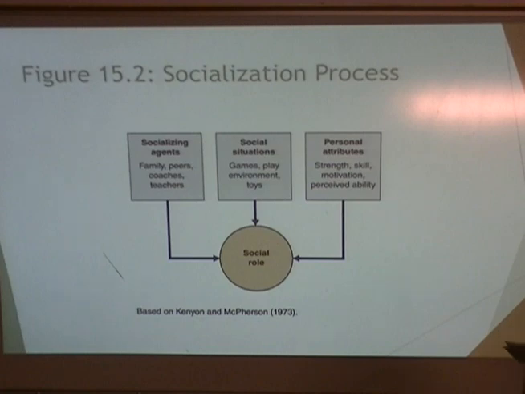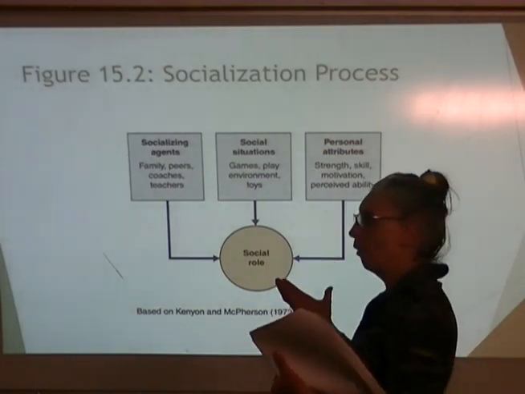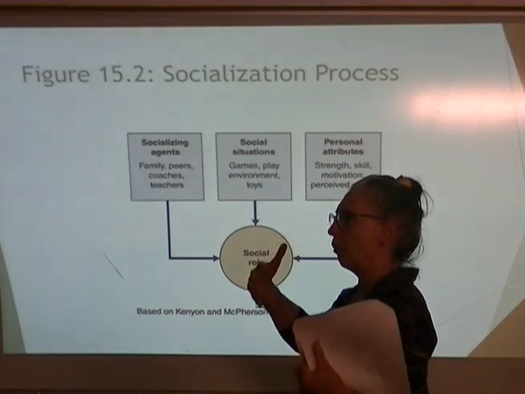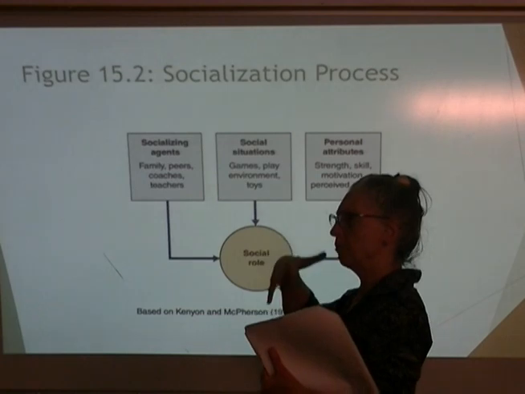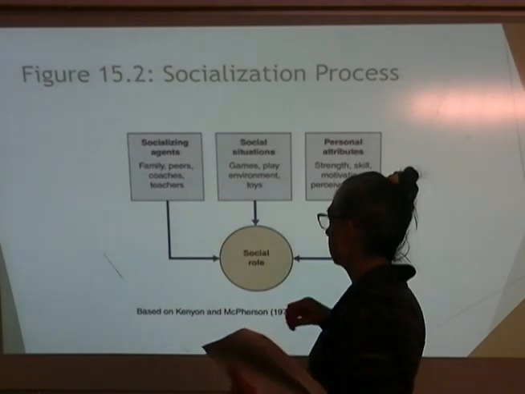The first one is socializing agents. So socializing agents can be my family, my peer group, my coaches, my teachers, okay? They play an important part in what I think my role is, right?